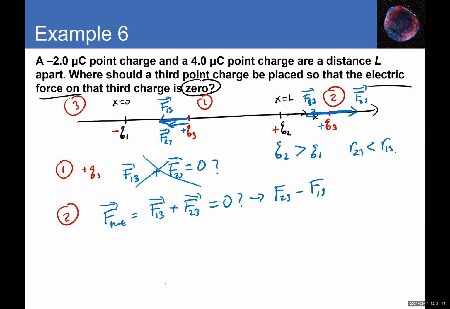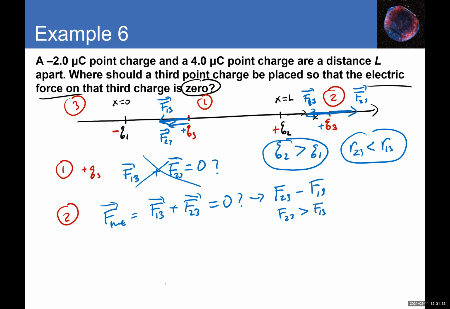And that makes a big difference. Not only is charge 2 bigger than charge 1, it's also always closer to charge 3. That means force 2, 3 is always going to be greater than force 1, 3. That means force 1, 3 will never be strong enough to cancel F2, 3.